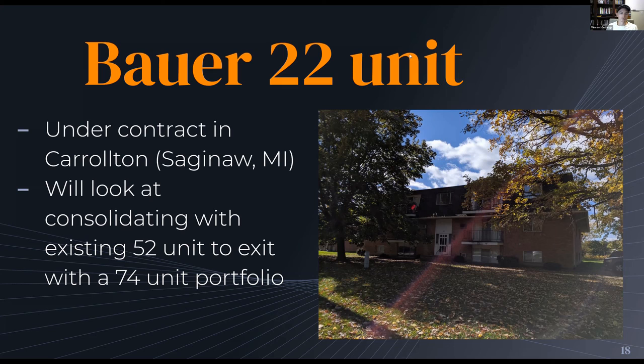It doesn't make sense unless you're in the 100 unit realm, because the upfront sunk costs are so high. You're writing checks for up to 30, 40 grand in legal fees, inspections, and entity setups before you even close, and you're trying to spread that out across as many units as you can to make it work.